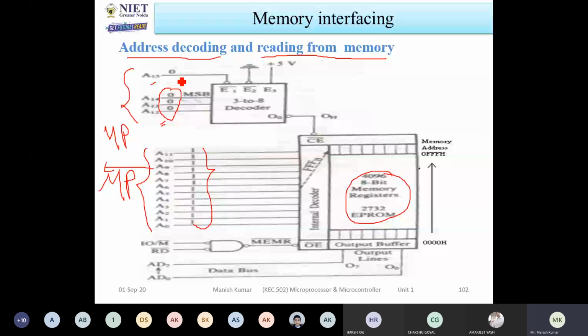So E3 is always connected to plus 5 volt and E2 bar is connected with the ground. It means that if you provide 0, you get 1, and if you provide 1, you get 1. So these 3 pins will be enable pins. Now this is the E1 bar. For it to become 1, you have to provide 0. When these 3 become 1, then this decoder will be activated.